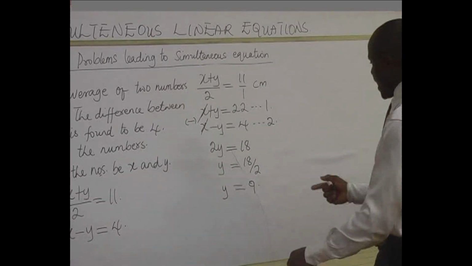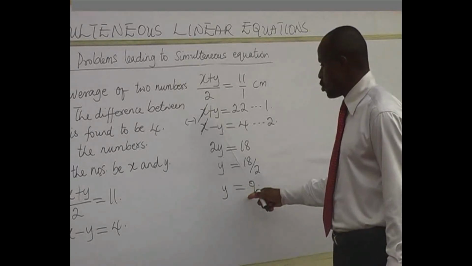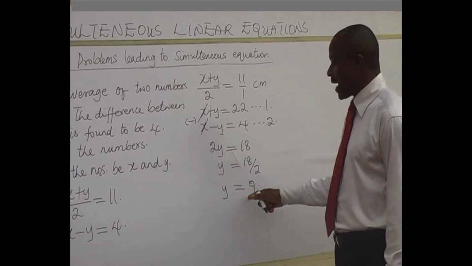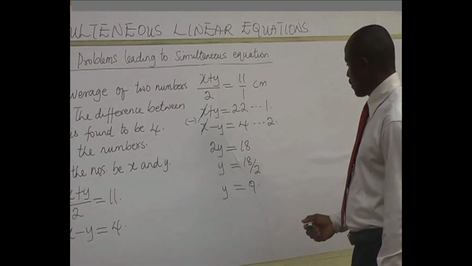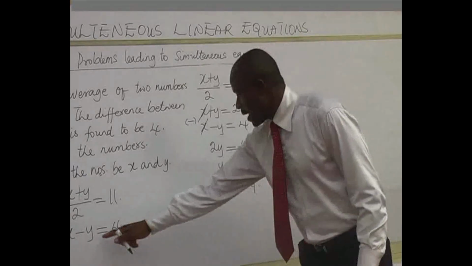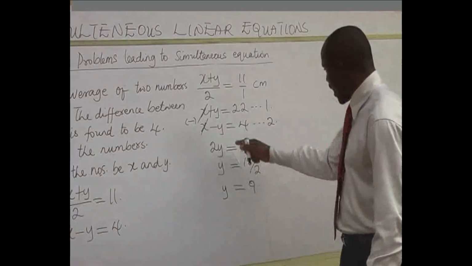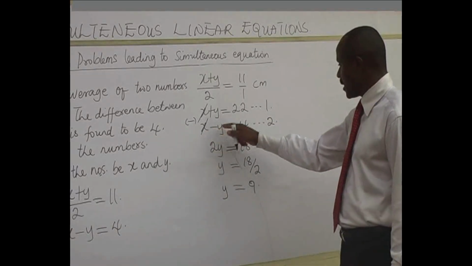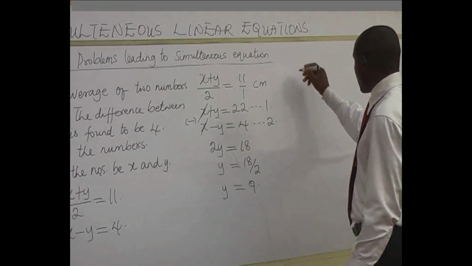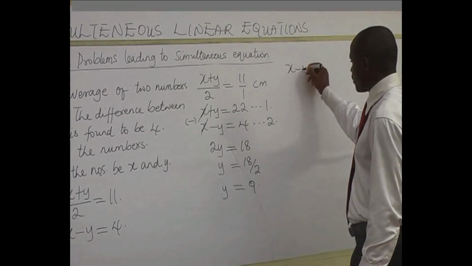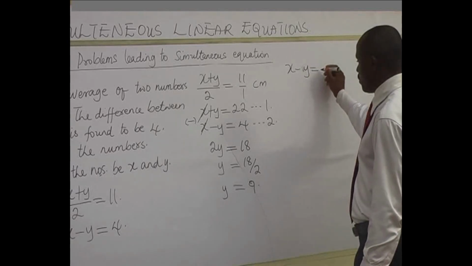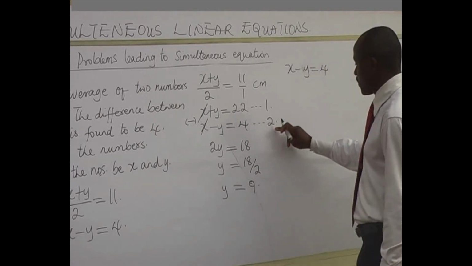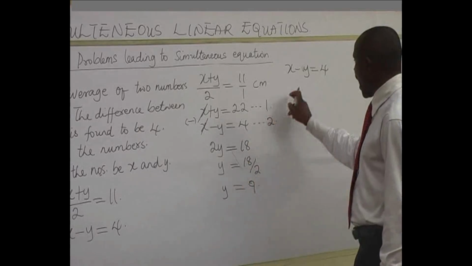Now that you have discovered that the value of y is 9, substitute 9 is equal to y, maybe in the second equation. In the second equation here, look at the second equation. X minus y is equal to 4. So let's bring it out. X minus y is equal to 4. That is the second equation. Whenever you see y, put 9.